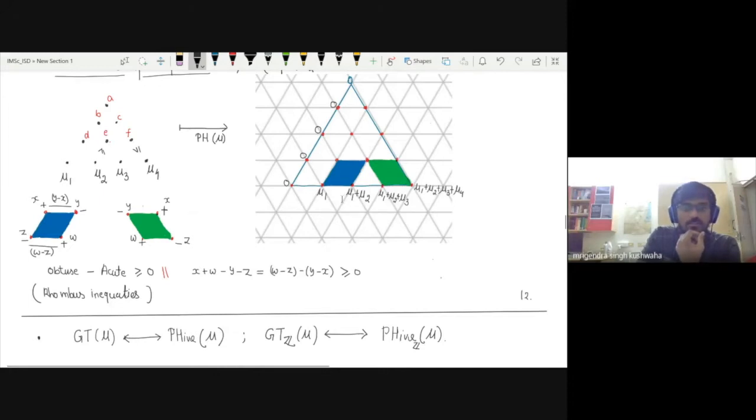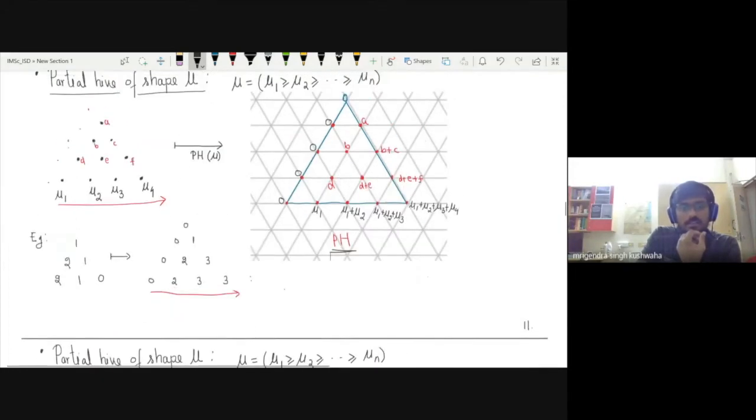What do these inequalities transform into in this rhombus? If you label the vertices x, y, w and z, it is very easy to read E and mu2 from this blue rhombus. It's just the difference of vertices: D plus E minus D is just E, and mu1 plus mu2 minus mu1 is mu2.